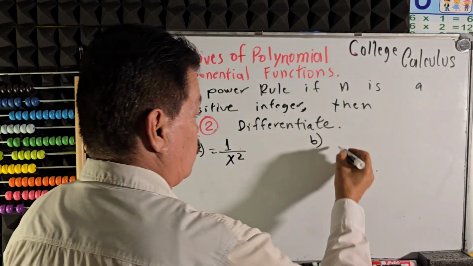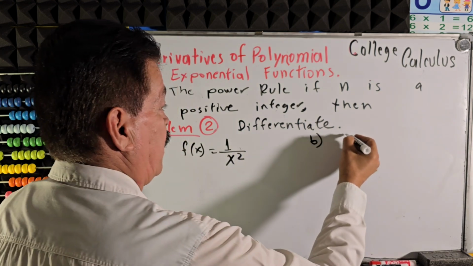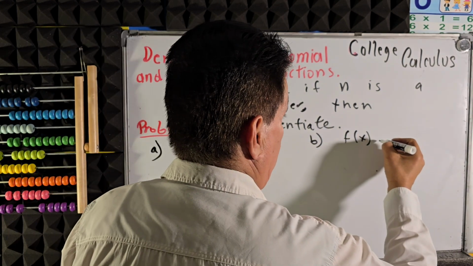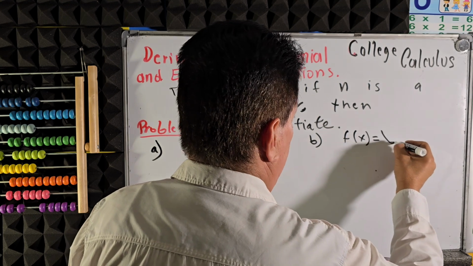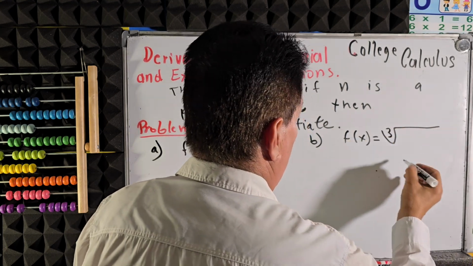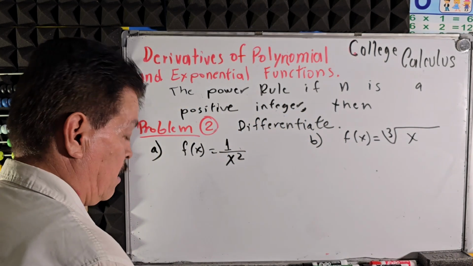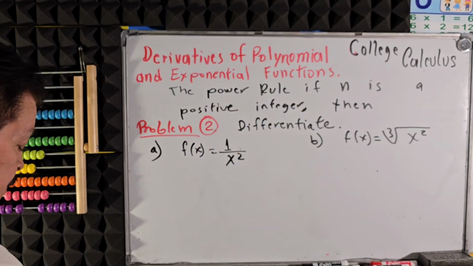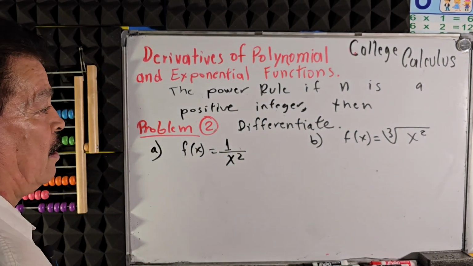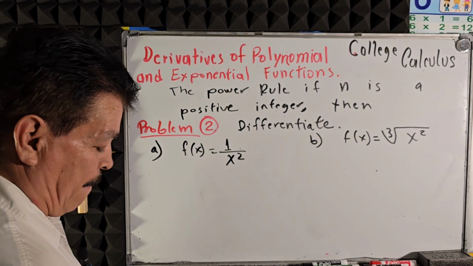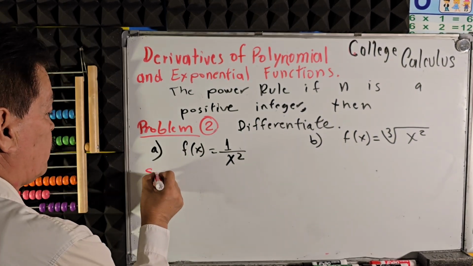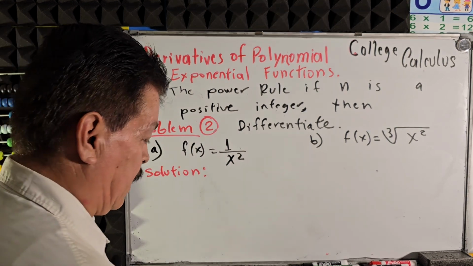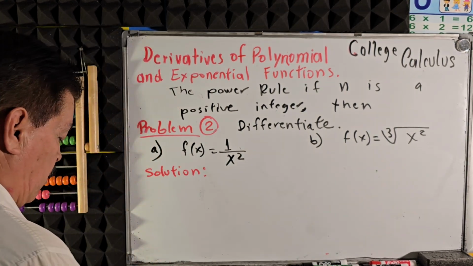B, f of x equals the cube root of x to the 2nd power. That's it. What is the solution of this problem? Okay, let's see the steps for the solution.